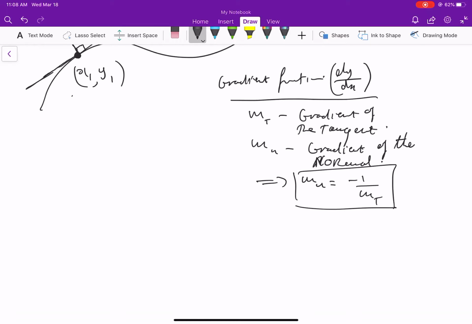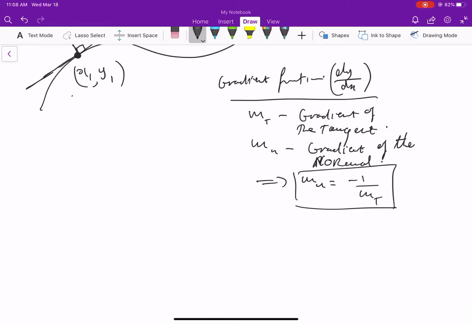And the two basic pieces of information that you need to find the equation of any line is you need a point through which the line passes, and you need the gradient of that line. If you know those two things, you can find the equation of the line.